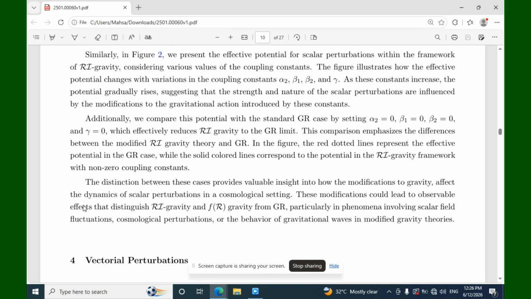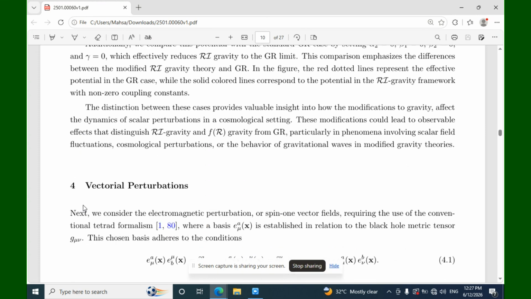In the figure, the red dotted line represents the effective potential in the general relativity case, while the solid colored line corresponds to the potential in the Ricci inverse gravity framework with non-zero coupling constants. The distinction between these cases provides valuable insight into how the modifications to gravity affect the dynamics of the scalar perturbations in cosmological settings.